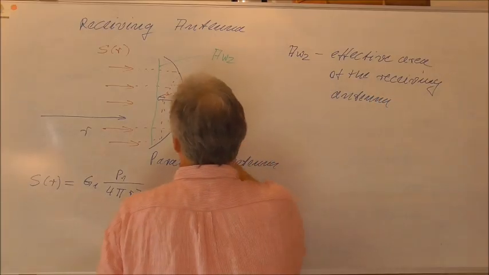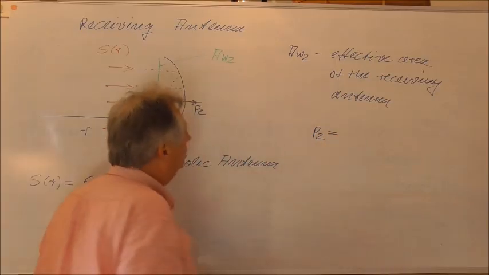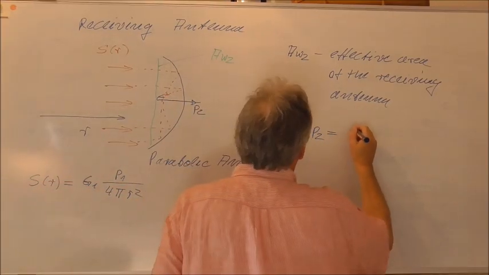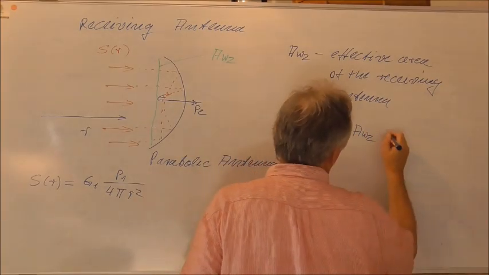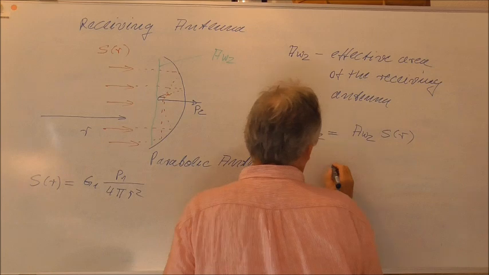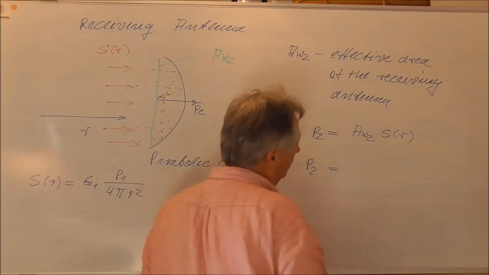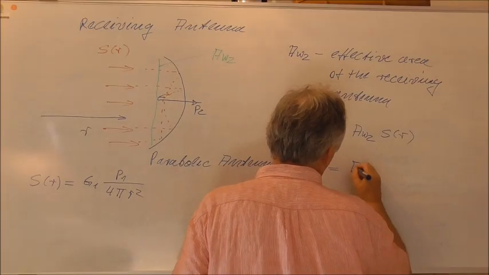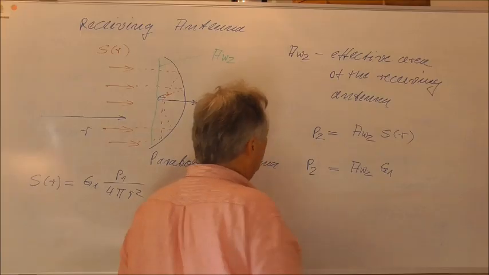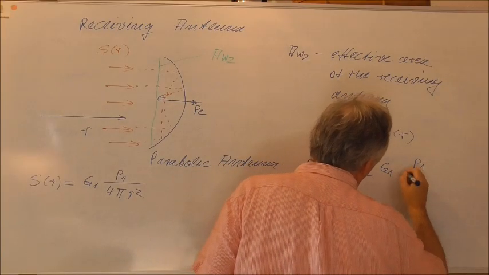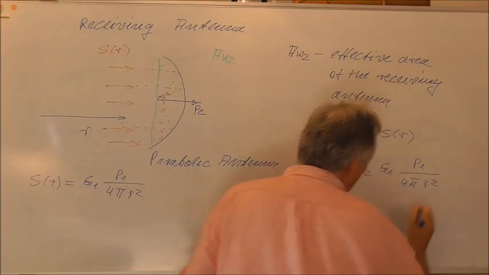Now we can write for the received power P2: it will be equal to the effective area of the receiving antenna times the power density S(R), which is equal to the effective area of the receiving antenna times the gain of the transmitting antenna G1 times P1 divided by 4 pi r squared.